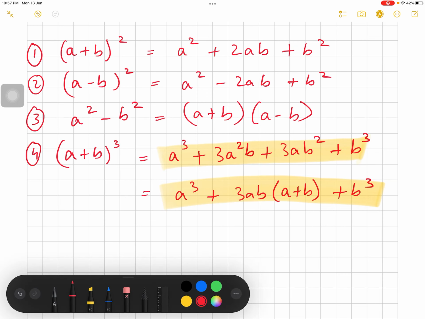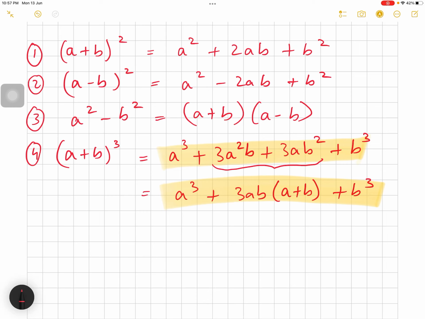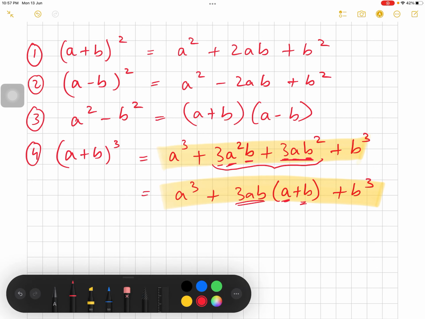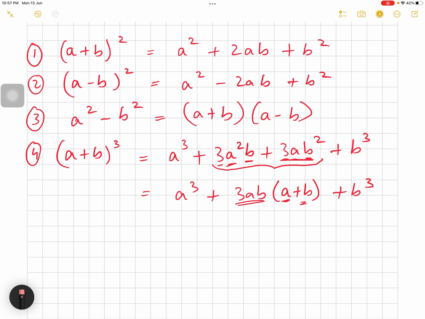When you see this, 3ab is common, so 3ab I have taken out. Out of a square, 1a I have taken out, 1a is remaining, and here 3ab square, so 3ab I have taken out, only 1b is remaining, so this is that b.